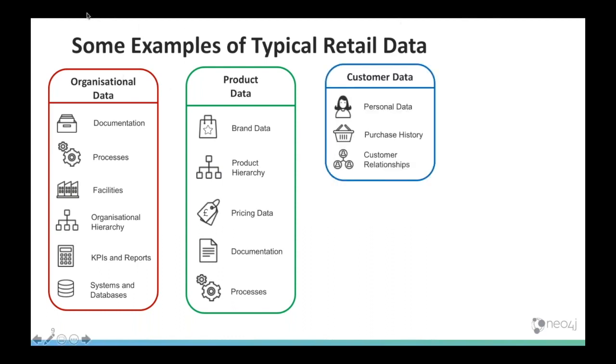Then there's some customer data. So of course you'll have information about your customers, their name, where they live, maybe some financial details, some information that allows you to segment them according to various aspects of their profile. Then you'll have purchase history. So what have they bought from you before? If you're a brick and mortar store, you might keep track of this through a loyalty card.